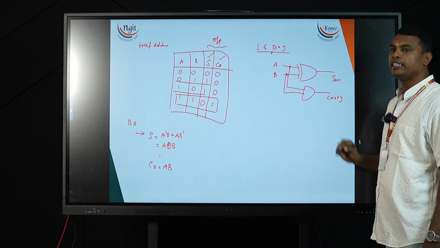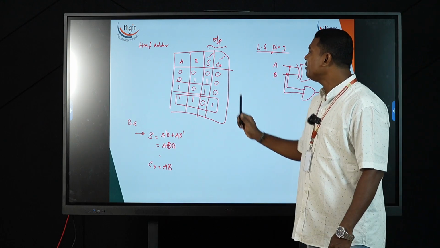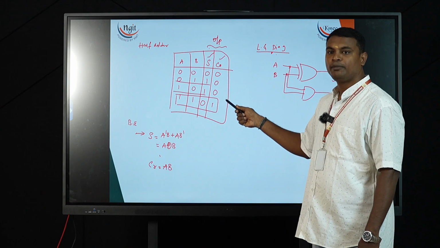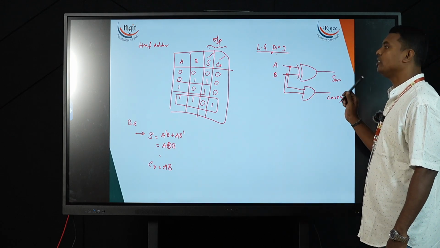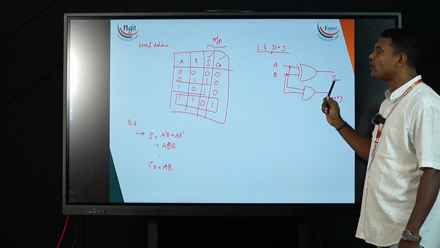So this is the logic diagram. For the half adder, we need to draw the functionality table, the Boolean expressions, and also the logic diagram. So this is the operation of the half adder.